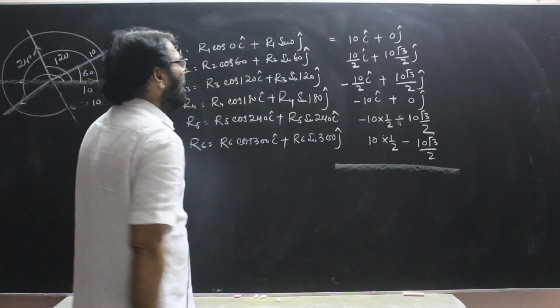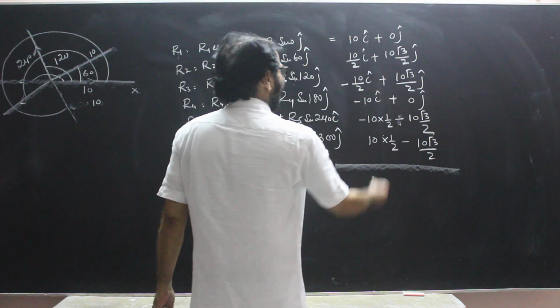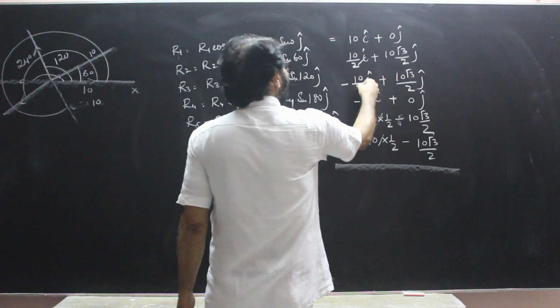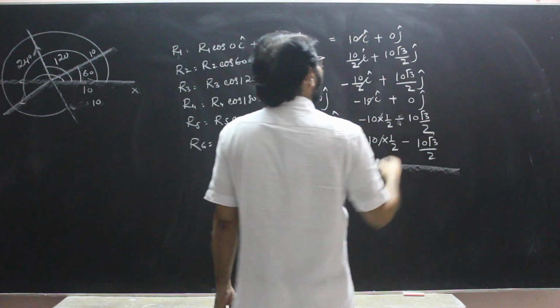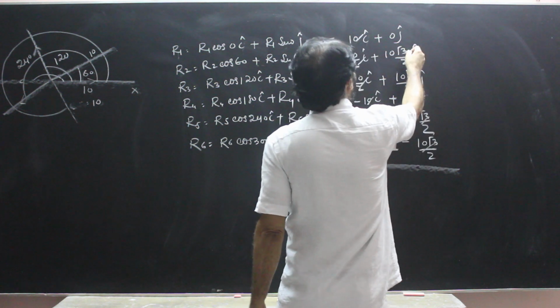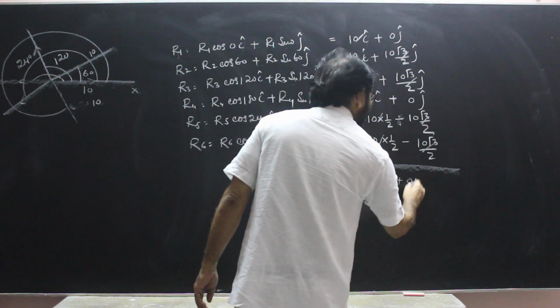If we add, this will cancel, again this will cancel, and again this will cancel. This is cancelled by this, this cancelled by this, and the resultant is 0i plus 0j.